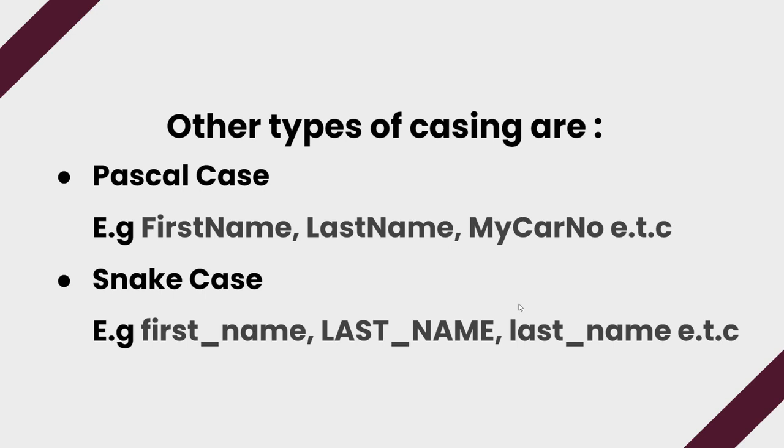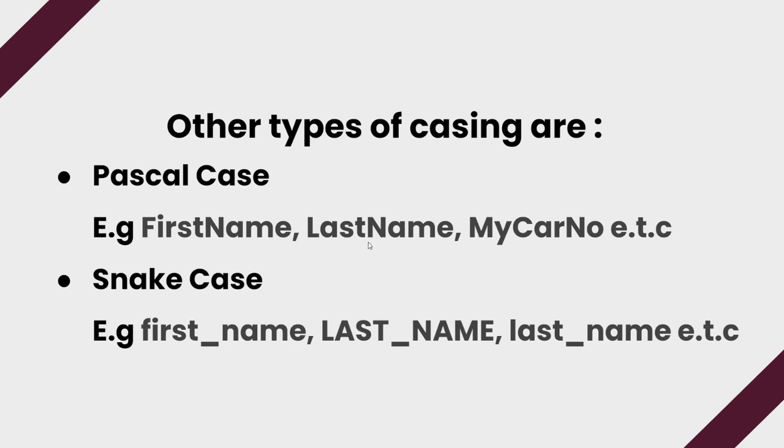It's quite similar to the camel case. The only difference here is that every word would have its first letter in uppercase. So you can see in the example of first name, the F, which is the first word, is in uppercase, and the name, which is the second word, has its first letter in uppercase.